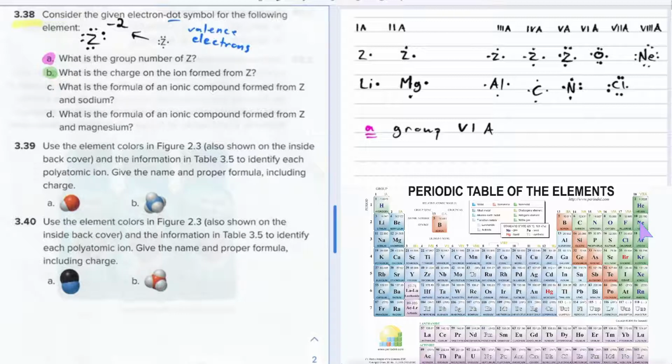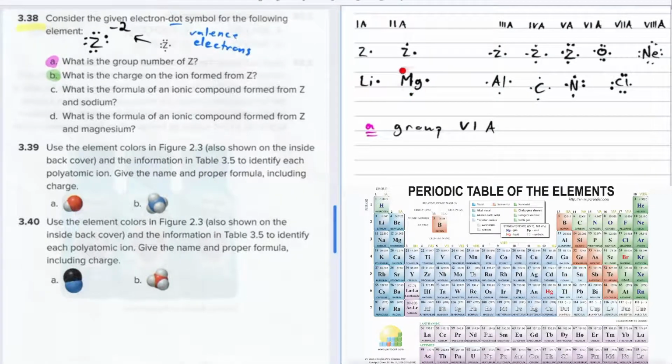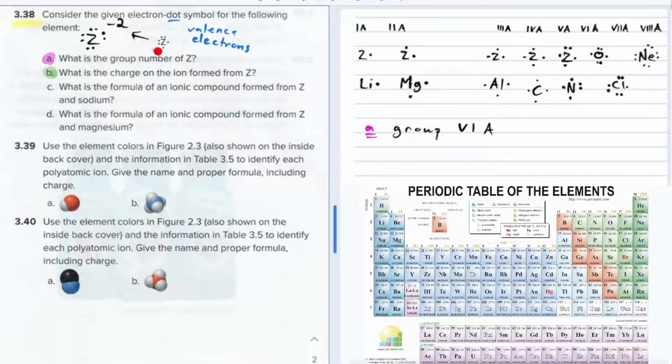Okay. Now, if you only had somebody like magnesium, this has 2 dots. Well, it would be easier for magnesium to just lose these 2 electrons to be like the previous noble gas, and it would have a charge of +2. Okay, but when you're starting with somebody like this that's already got 6 dots, it's easier for it to gain 2 electrons to be like a noble gas.